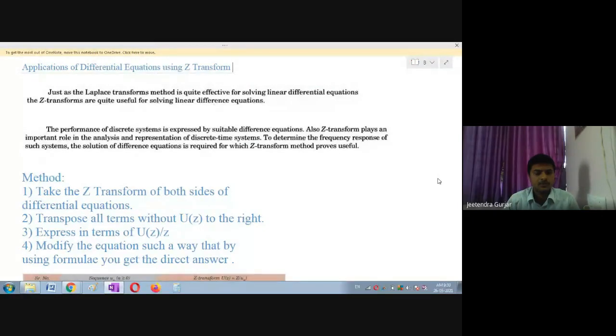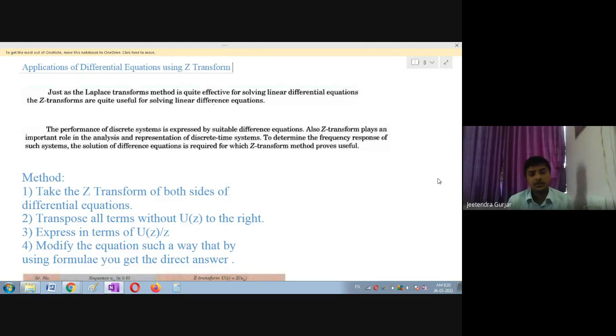Only when you know Z transform, the inverse Z transform will be very easy, and the applications of differential equations using Z transform will be even easier, students. In the same way you should remember all the steps and all the formulas we have studied in the Z transform.